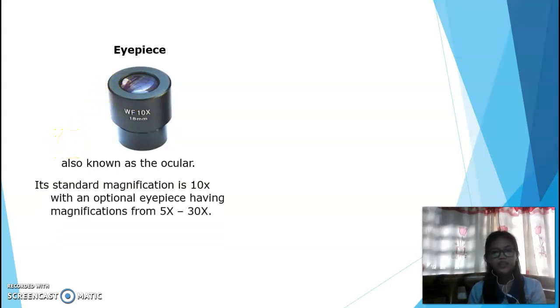Its standard magnification is with an optical eyepiece having magnification from 5x to 30x. This part is used to look through the microscope. It's found at the top of the microscope.